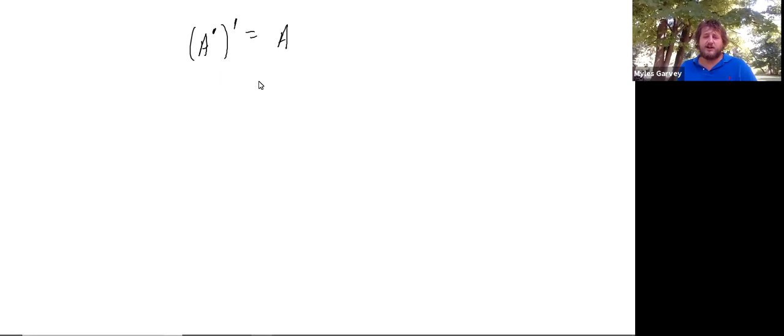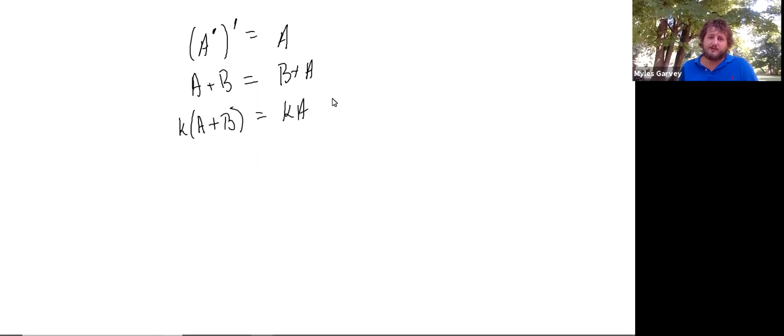We already established, or maybe we didn't, that A plus B is the same thing as B plus A. You can prove that by resting on the commutative property of basic addition. We also have a distributive property for scalar multiplication, K times A plus B, which is the same as K times A plus K times B. That's true as well.